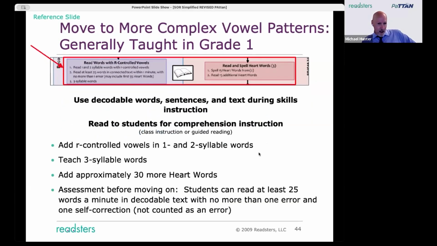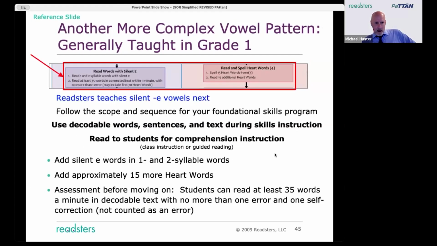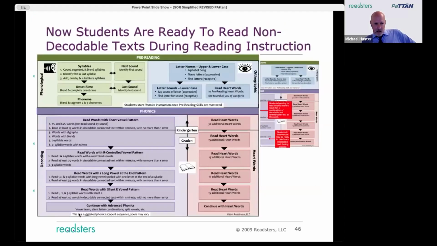That's just our preference. Okay, we like to get into 3-syllable words before we even get to the vowel teams, because you can. Why wait? And then finally, silent E on the map. And then after silent E, you get your vowel teams and your advanced morphology and more complex stuff.